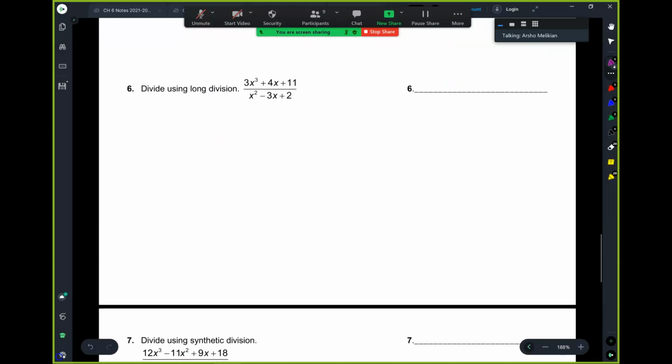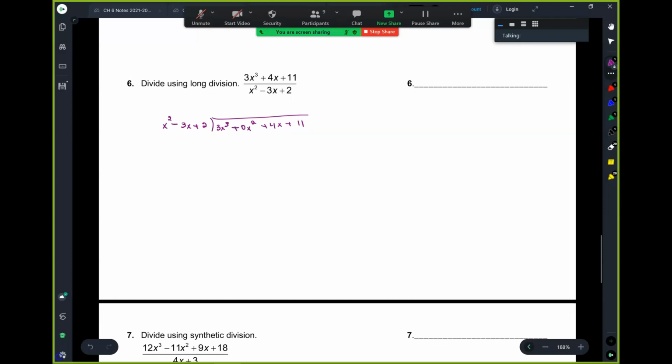Okay, so let's divide this. We can't do this by synthetic division, right? Because it's quadratic. So here I have 3x cubed plus 0x squared. Some teachers say you don't have to put the 0x squared, but I like putting it there because it makes everything better aligned physically, right?